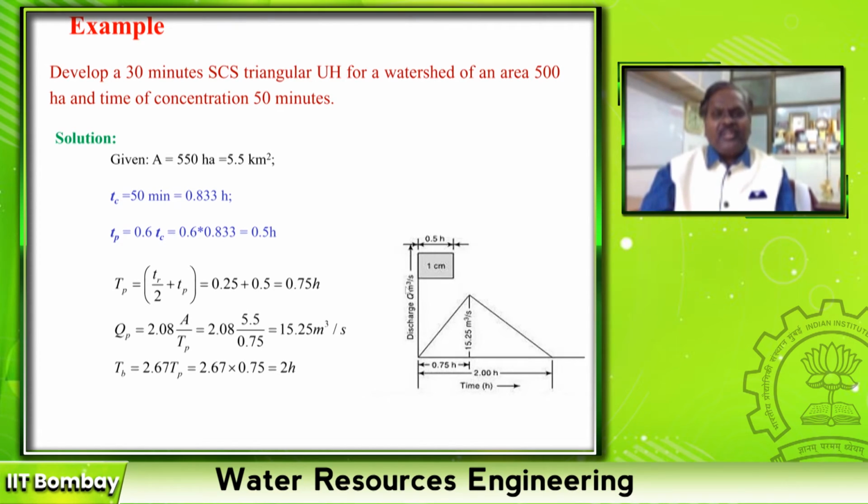Then time to peak is half of the rainfall plus, that is 0.75 hours from the starting, and then peak discharge is area in kilometer square by time to peak in hours into 0.208. So this is the peak discharge. Base time is 2.6 times of time to peak. So this is a sample example to estimate SCS triangular unit hydrograph.